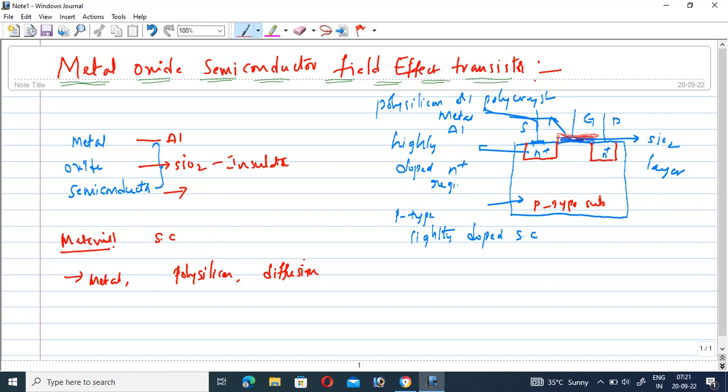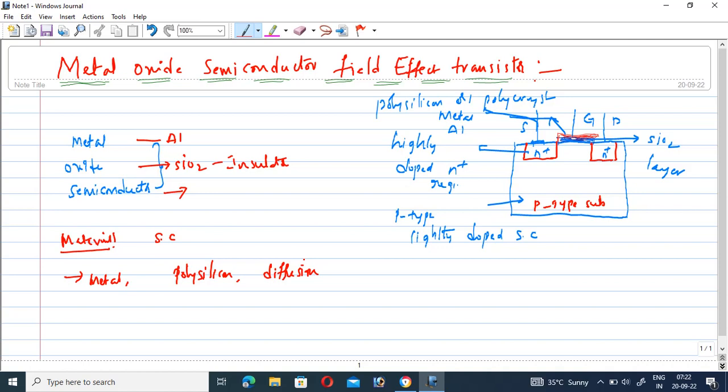Aluminum is used as the metal, and polysilicon is used as a conducting material between the source and drain and gate and source. The insulating layer is made up of SiO2, that is silicon dioxide.